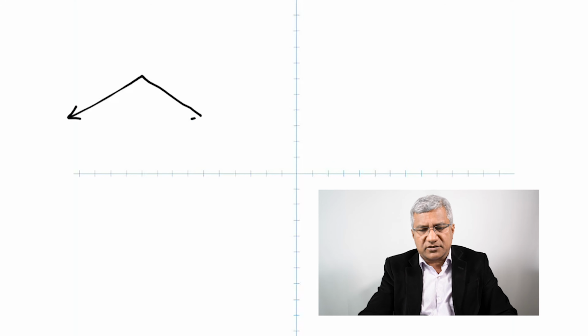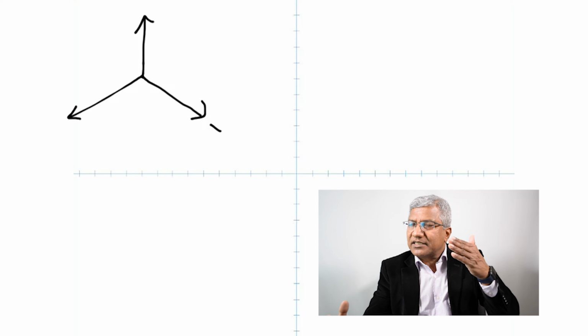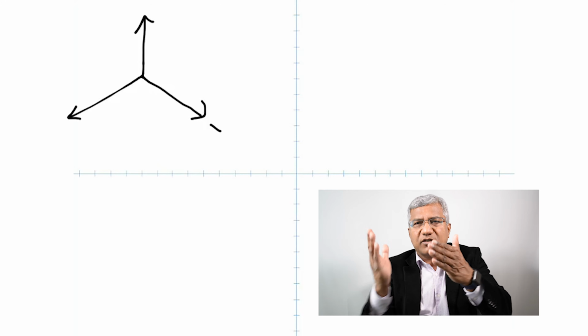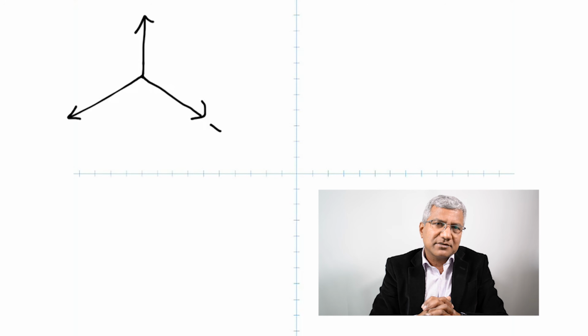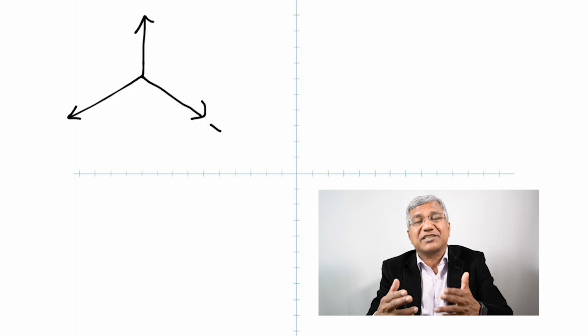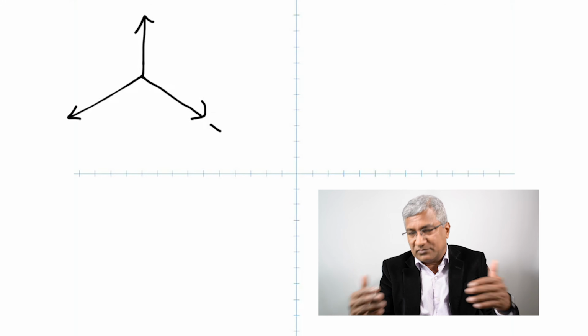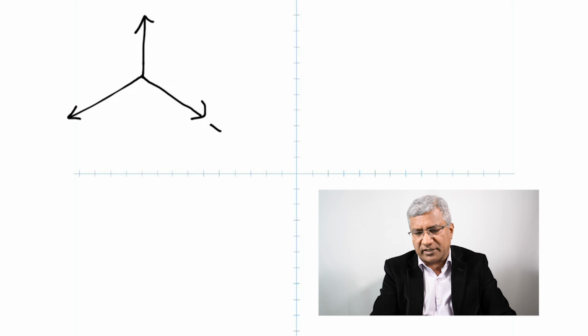The next concept, electromagnetic waves. What is an electromagnetic wave? It's an electric wave and a magnetic wave in perpendicular directions and also perpendicular to the direction in which the electromagnetic wave is traveling. Did that sound confusing? Look at the diagram.